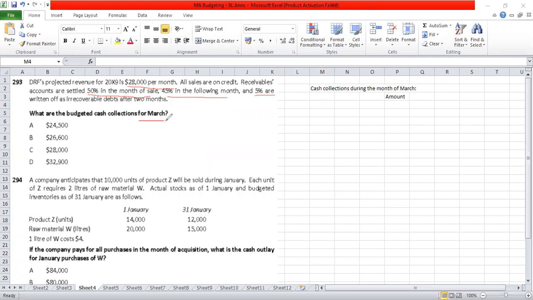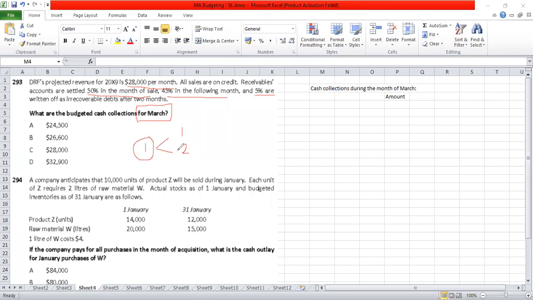So if we are looking at March, we will receive amount in the month of March, and collection will be from the previous month also, because 45% is in the following month. So if in the first month the amount of sales are made, the collections will be in the first month and in the second month as well. So it's spread over 2 months.